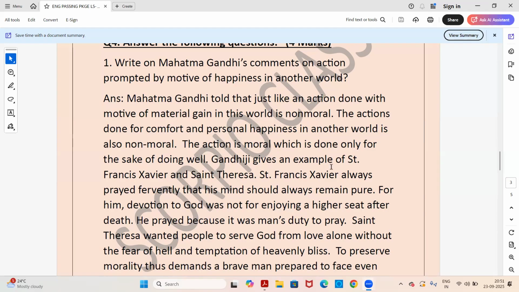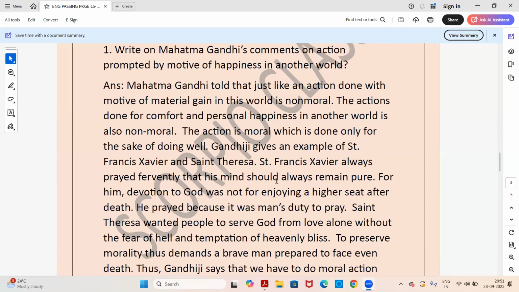Gandhiji gives an example of Saint Francis Xavier and Saint Teresa. Saint Francis Xavier always prayed fervently that his mind should always remain pure. For him, devotion to God was not for enjoying a higher seat after death.